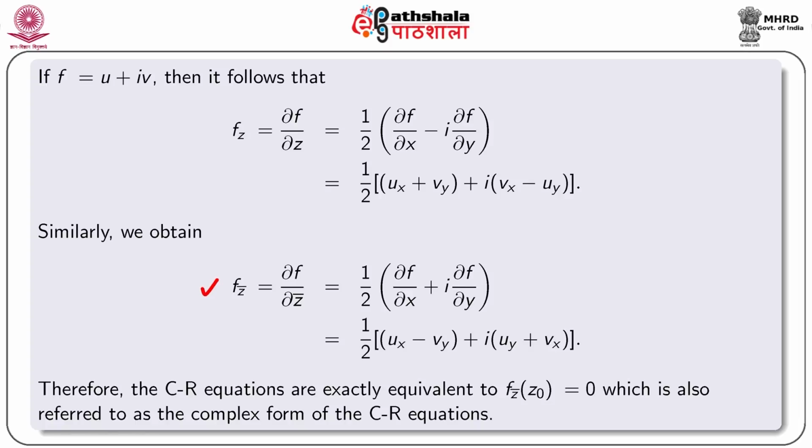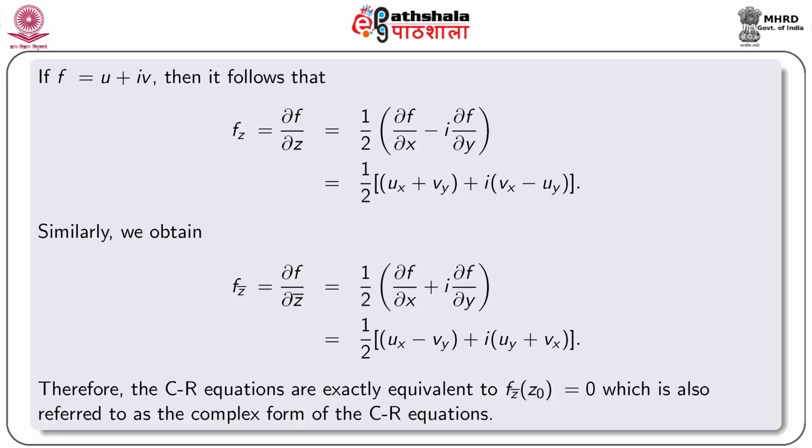Similarly, del f del z bar, that is equal to f_z bar, this equal to half (del f del x plus i del f del y), and this equal to half [u_x minus v_y plus i into (u_y plus v_x)].